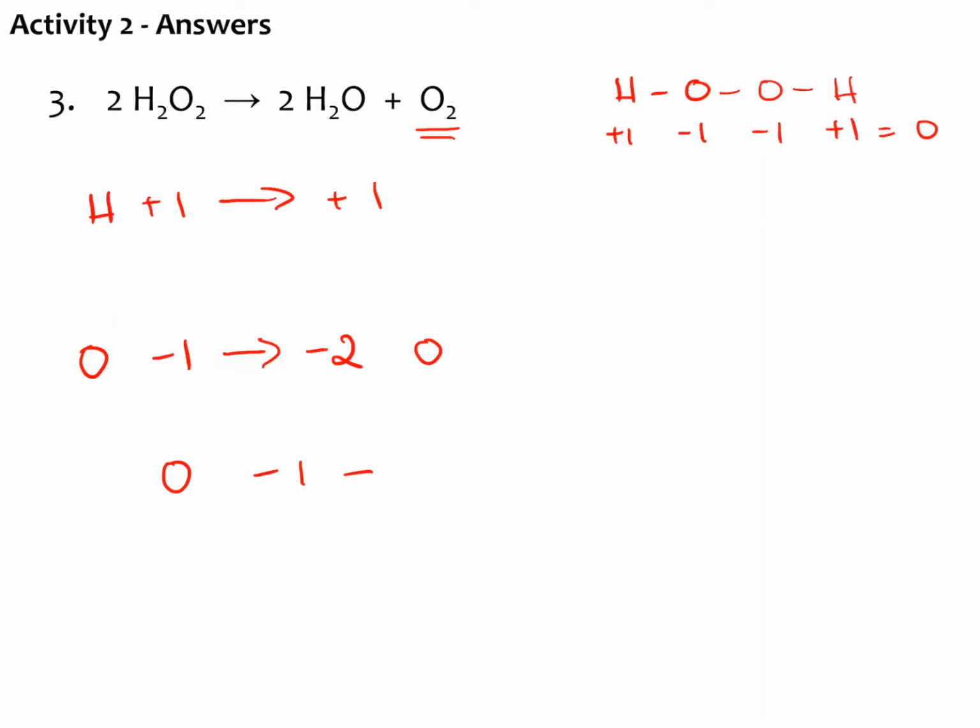So we can see the oxygen is going from -1 to -2, but it's also going from -1 to 0. We have a reduction in oxidation state, so therefore a reduction reaction, but the oxygen is also being oxidised as it has an increase in oxidation state.